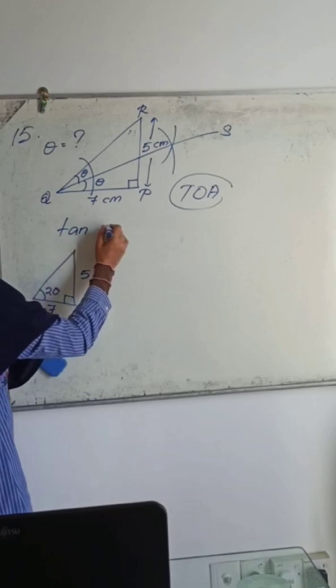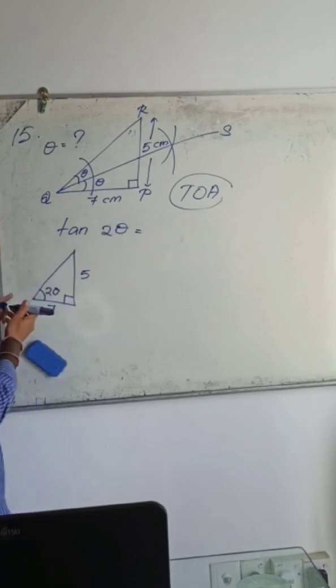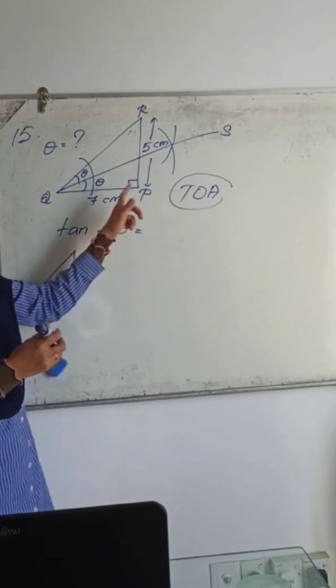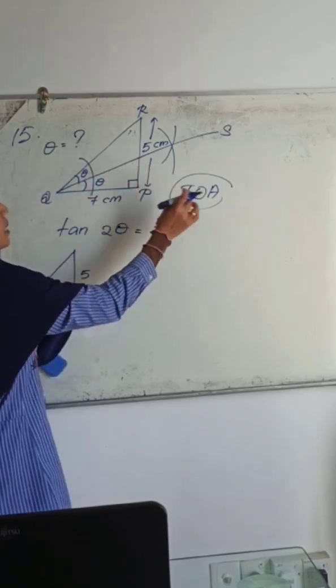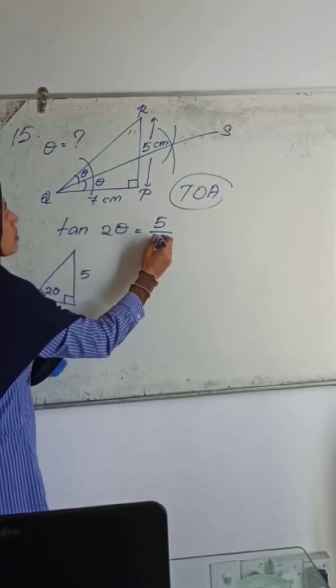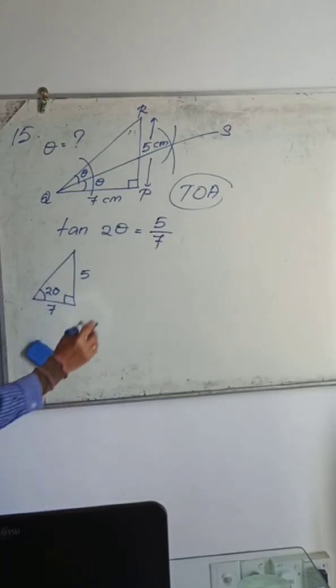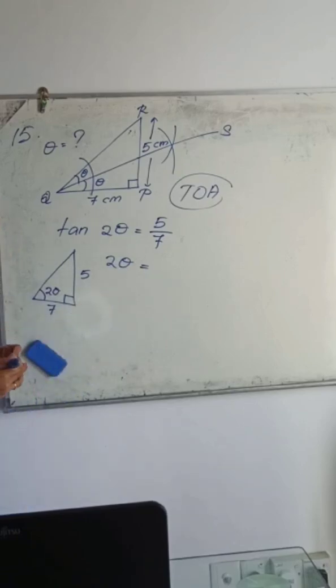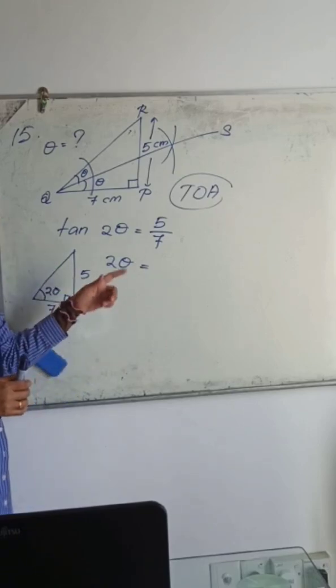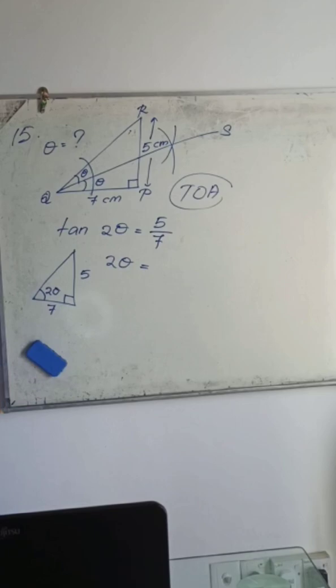So tangent 2 theta is equal to opposite over adjacent. Opposite is 5, adjacent is 7. To find 2 theta, you can press your calculator, shift tangent 5 per 7. Be careful when you press your calculator.